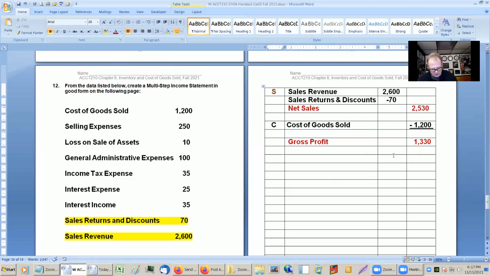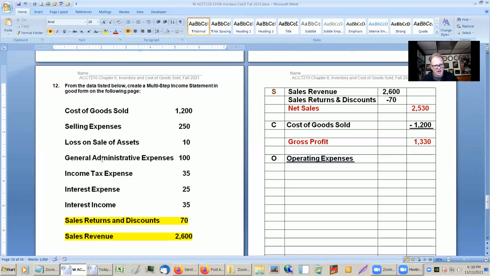Okay, so we go to our first O, our operating expenses. And the two you find most commonly are selling, which would be like the store.